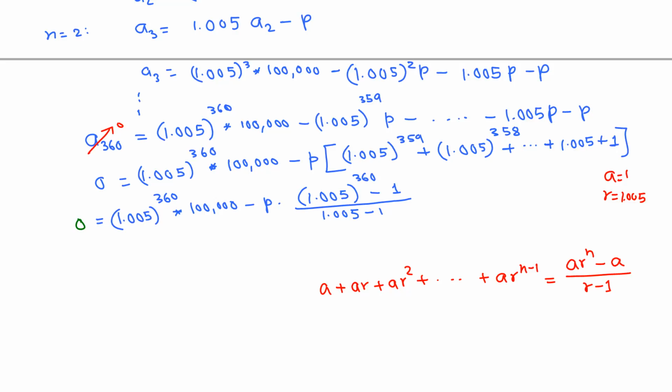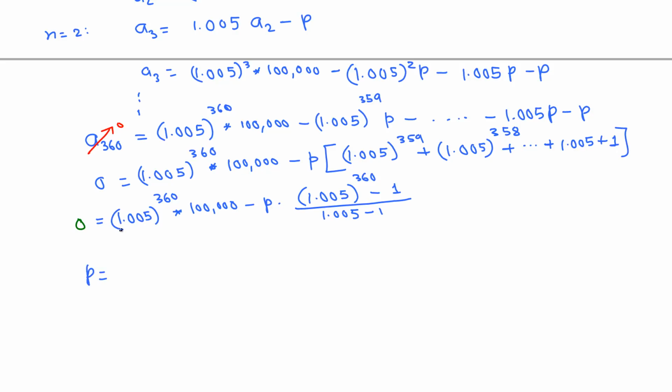Let me erase this now and use your calculator. This is a decimal number, and this is another decimal number. So P equals this over this. Moving this to the left means subtracting this number, so we get negative, and we are dividing by this negative, so that becomes positive.